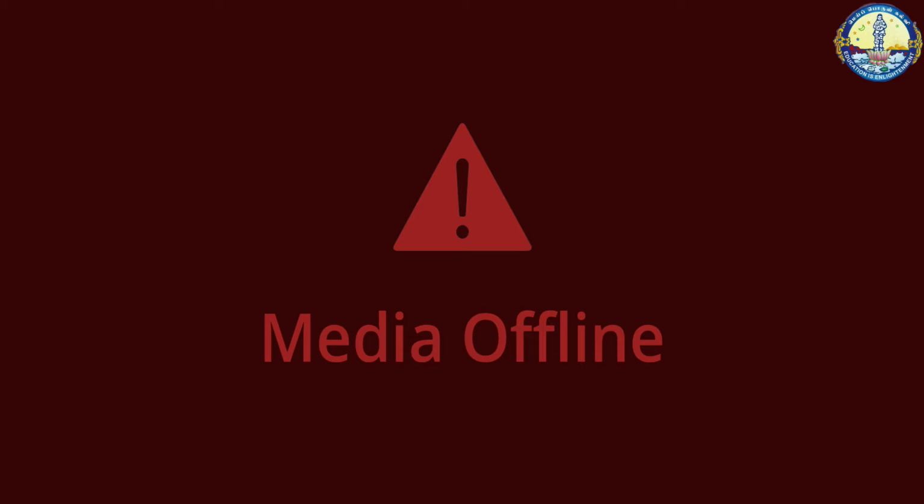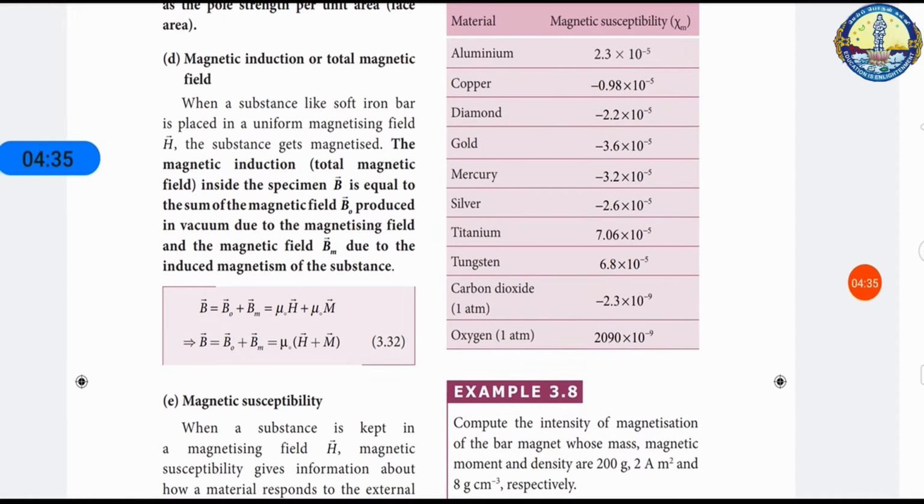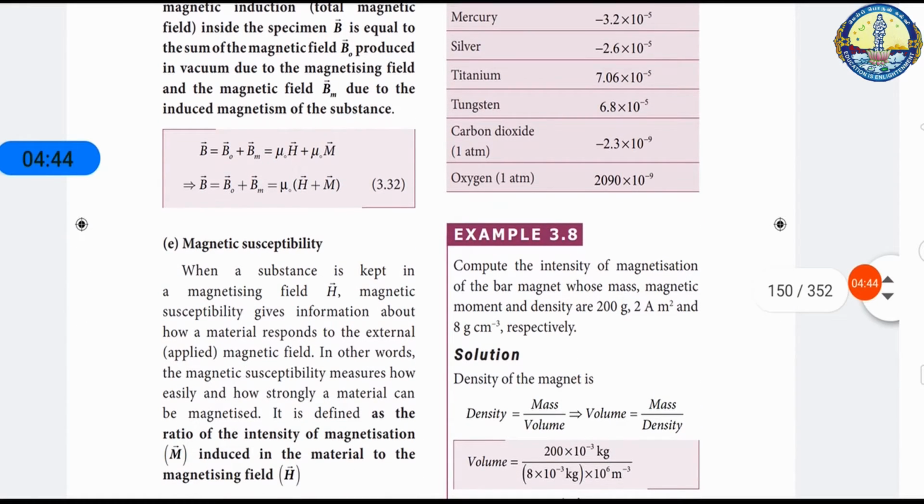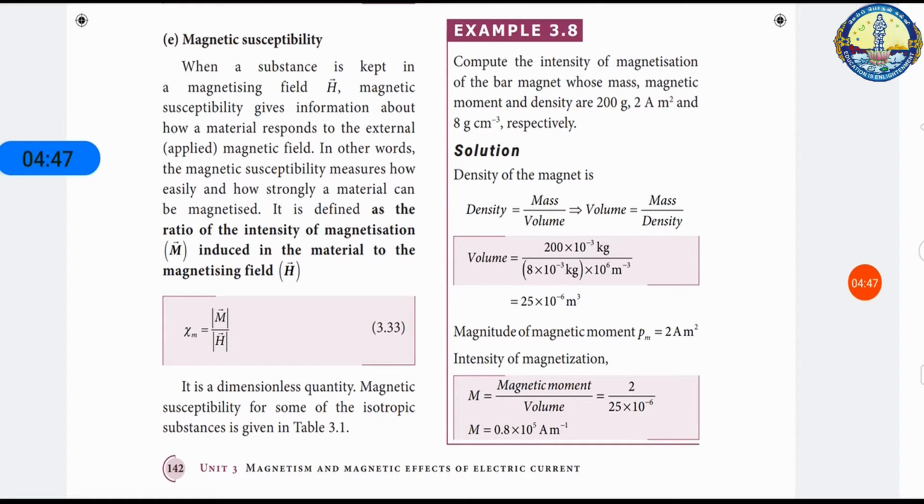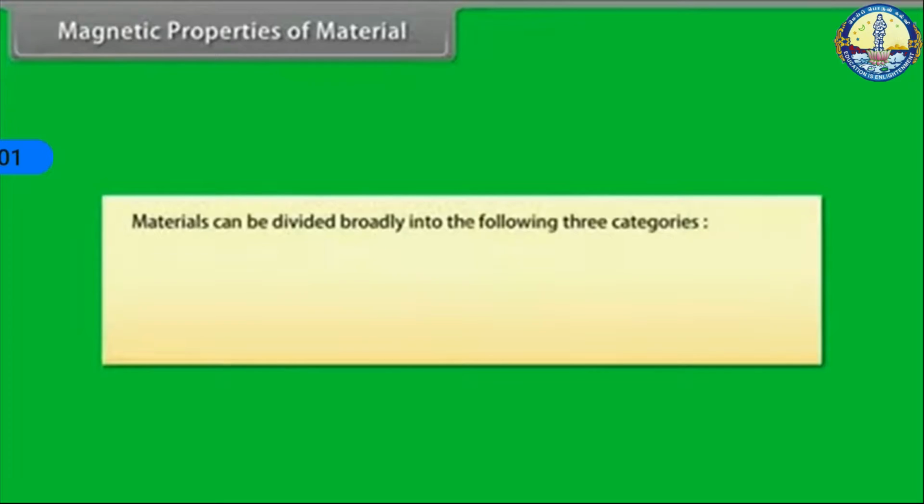It is defined as the ratio of the intensity of magnetization M induced in the material to the magnetizing field H. So we can write the susceptibility is equal to M divided by H. It is a dimensionless quantity. Magnetic susceptibility for some isotropic substances is given in this table. Here we have the magnetic susceptibility for various materials like aluminium, copper, diamond and so on. So you can verify the susceptibility values here in this table.